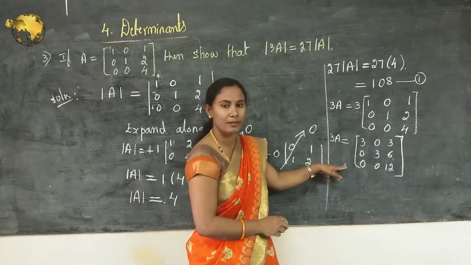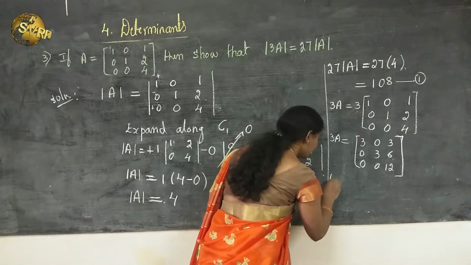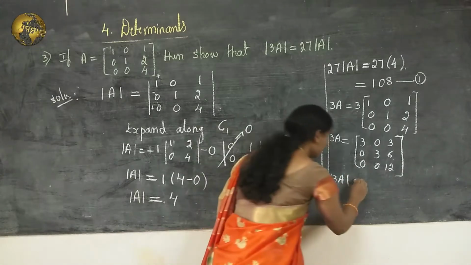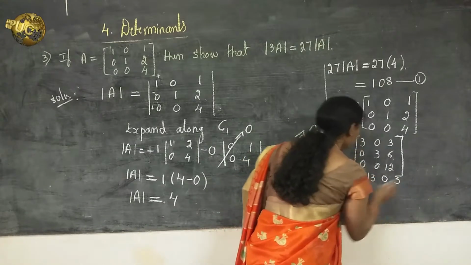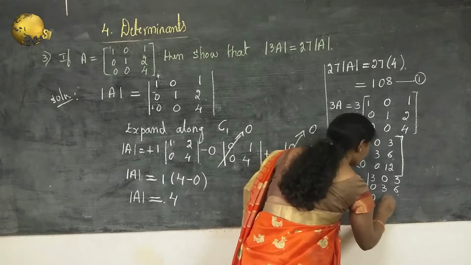Now we have to find the value of this matrix 3A. That is, determinant of 3A is equal to the determinant of 3, 0, 3, 0, 3, 6, 0, 0, 12.